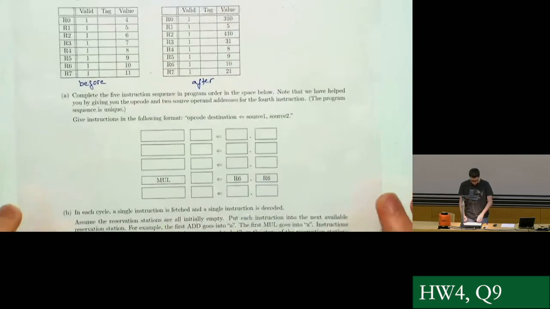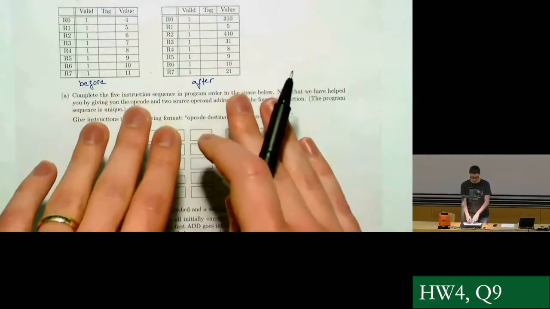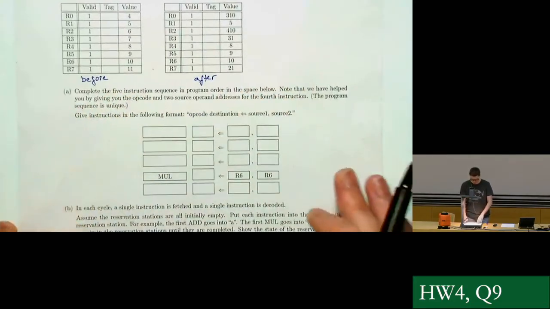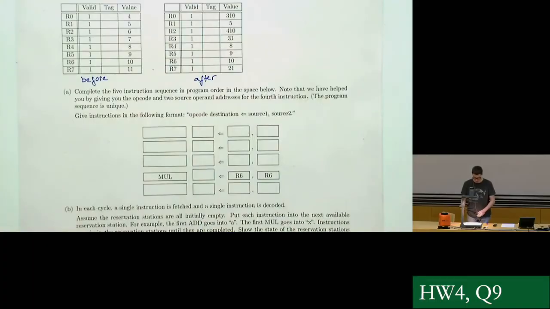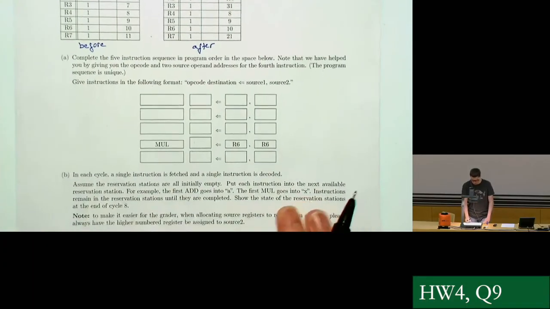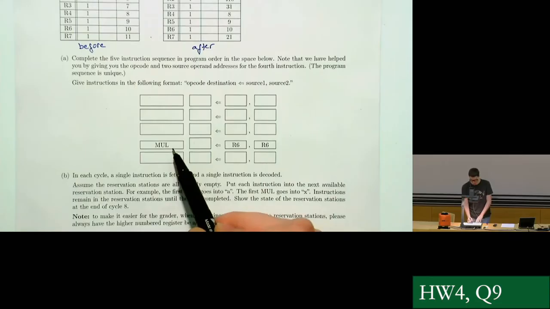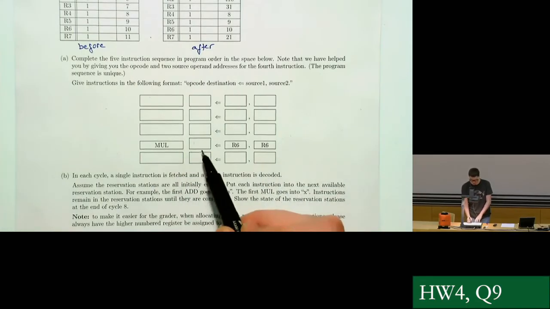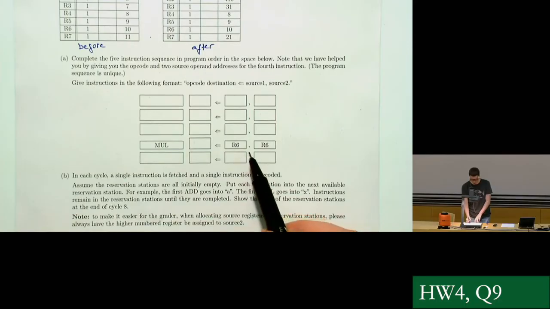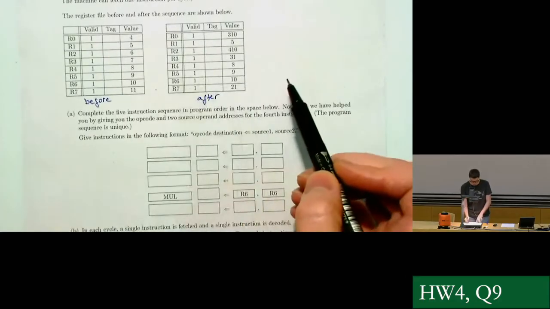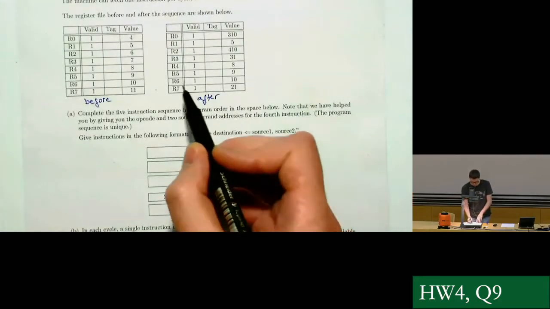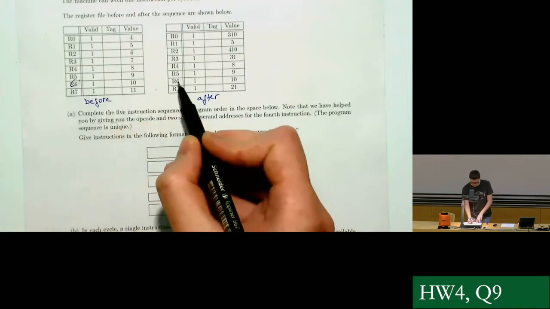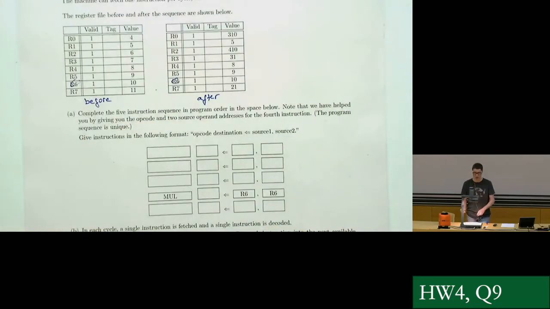So here, how you can figure out what the instructions are just by looking at those 2 tables, the before and after version of the same table, actually. So there's a hint in this question, which is that the 4th instruction is given to us partially. We only don't know the destination register, but we know that it is the multiplication of R6 and R6, right? And when we look at the before and after version of the register file, we can see that R6 is not modified, right? It remains as 10.